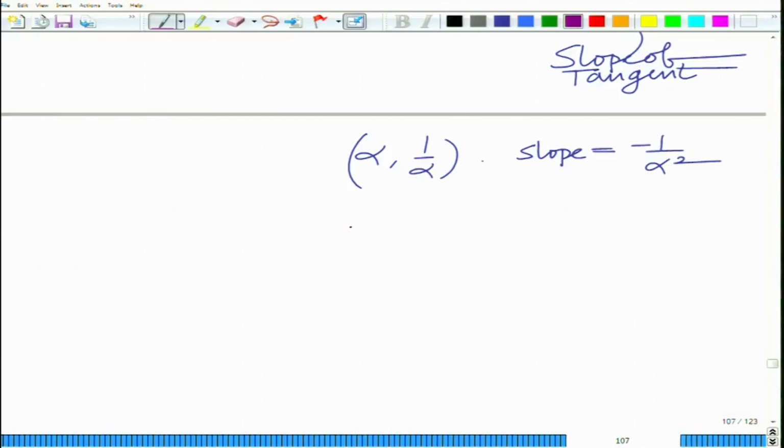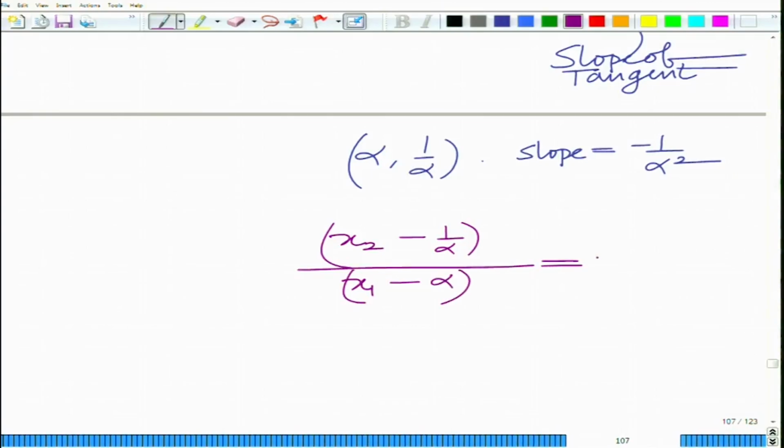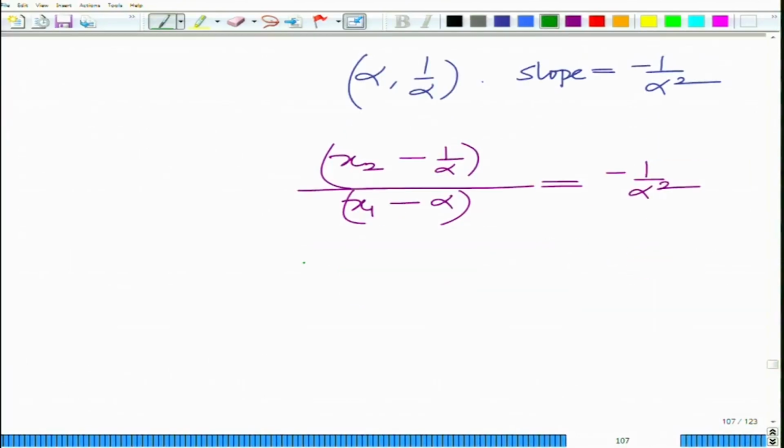So, that will be given as, well, x2 minus 1 over alpha divided by x1 minus alpha. The slope is nothing but difference of the y coordinates by difference of the x coordinates. So, x2 minus 1 over alpha divided by x1 minus alpha equals minus 1 over alpha square. This implies x2 minus 1 over alpha equals minus 1 over alpha square times x1 minus alpha.